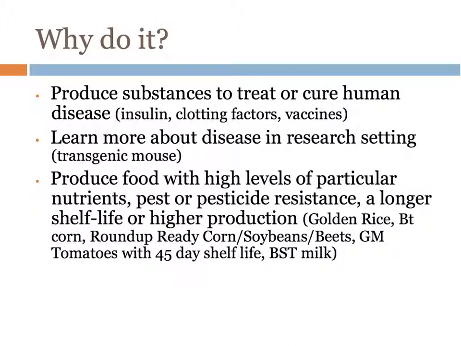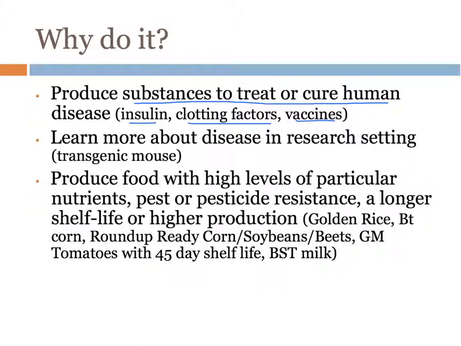Why do we do DNA technology or recombinant DNA technology? Well, certainly an important reason is because it gives us substances that can be used to treat or cure human disease. I've already mentioned insulin. The various clotting factors that are for people who are hemophiliacs and do not produce enough of them on their own are now produced through genetically modified bacteria. Our vaccines are produced through this technique.